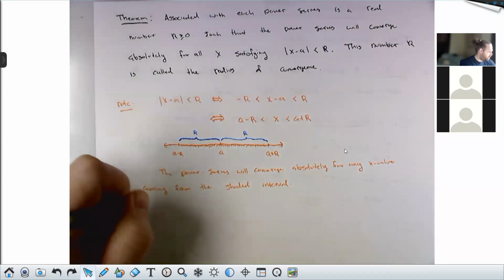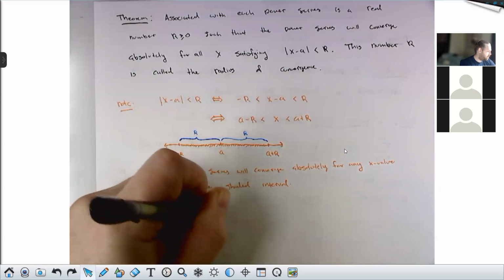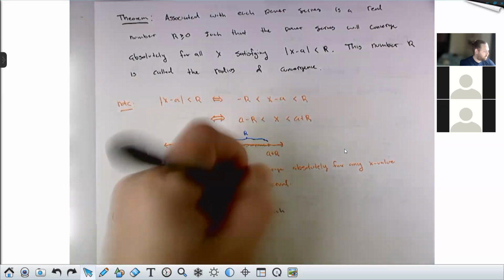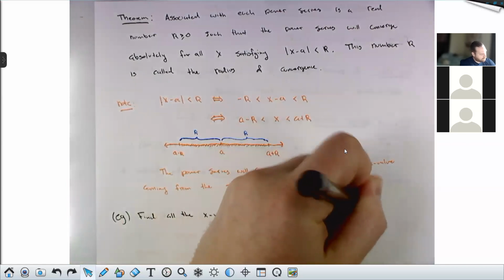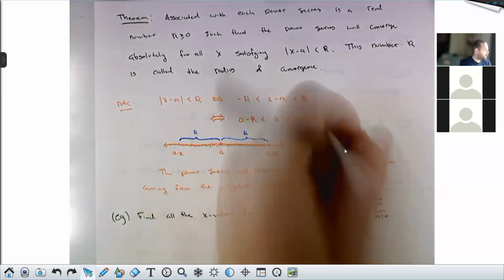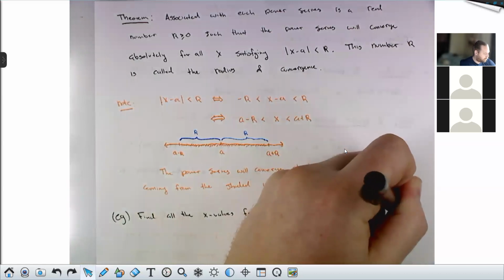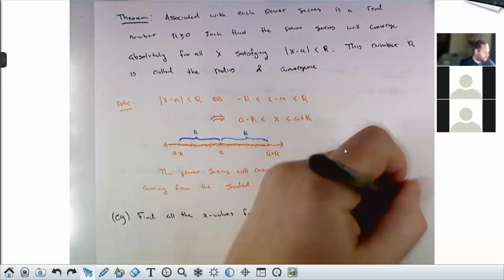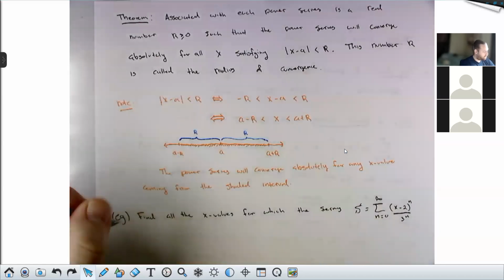Let's find all the x values for which the series S equals sigma n from 0 to infinity of x minus 2 to the n over 3 to the n converges.